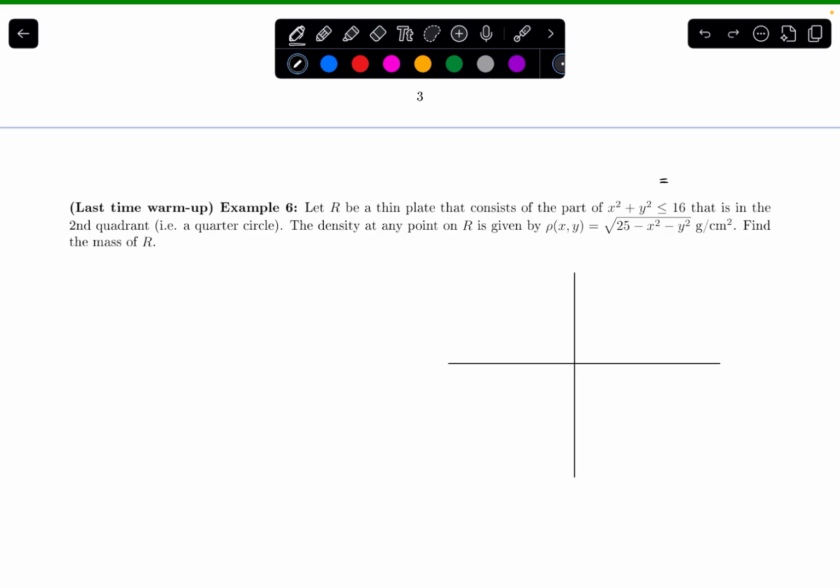So if I draw the part in the second quadrant, this is 4, and this would be -4 on the x-axis. What does the inequality mean? That means not only are we looking at where the radius is 4, but also where it's less than 4. So we end up shading in everything inside this quarter circle as well. That's what makes this a two-dimensional region rather than just the curve.